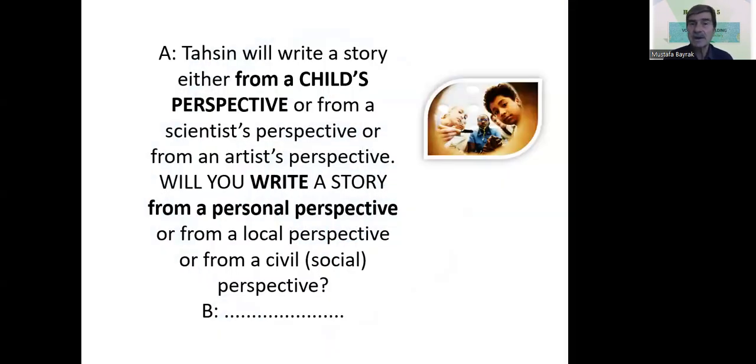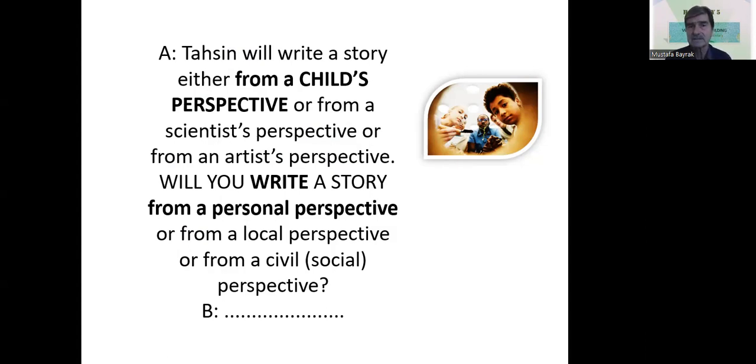Okay, Tahsin will write a story either from a child's perspective, from a scientist's perspective, or from an artist's perspective. This is very important to say: from which perspective? From whose perspective? From a child's perspective, from a scientist's perspective, from an artist's perspective. Will you write a story or will you do a lot of things for us?